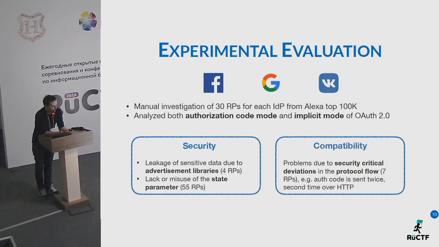And we also noticed that 55 out of 90 websites are lacking or are using in an improper way the state parameter. So they're essentially vulnerable to login cross-site request forgery attacks. We limited ourselves just to attacks that can be detected just by browsing the website, and the fact is that we didn't want to actively attack them.